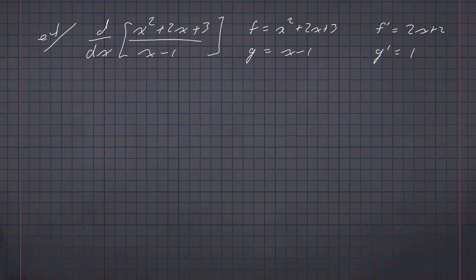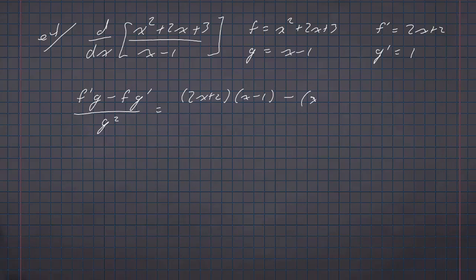And using the quotient rule, we're going to get f prime times g minus f times g prime all over g squared. And we'll substitute in what we have for all of those things. It's 2x plus 2 times x minus 1 minus x squared plus 2x plus 3 times 1 all over x minus 1 squared.